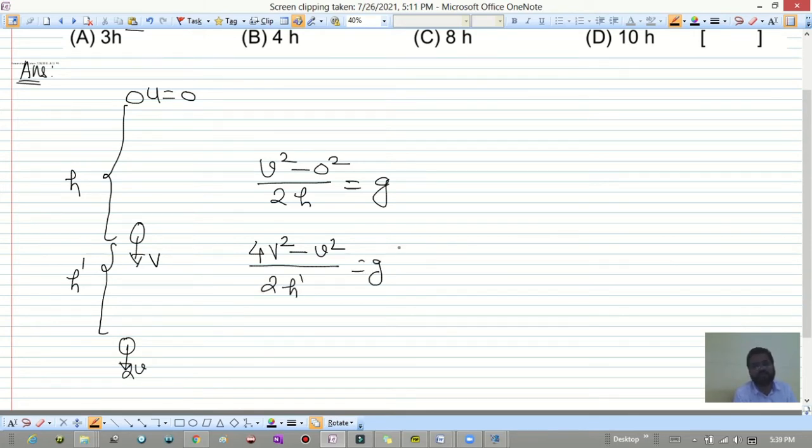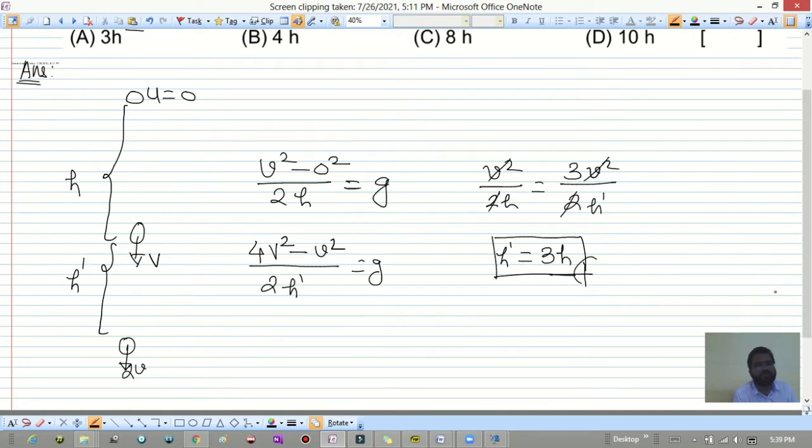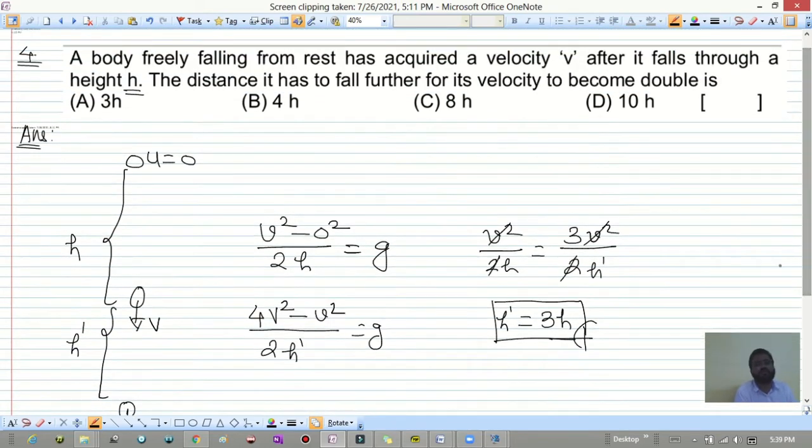So from these two equations we can say v squared by 2h is equal to 3v squared divided by 2h dash. So 2 gets cancelled, v squared gets cancelled, h dash is 3 times h. So to become 2 times the velocity, it has to fall further 3 times the initial height. So the answer for this question is option A.